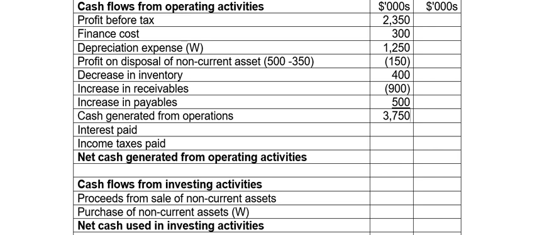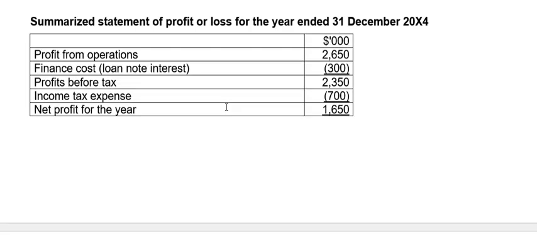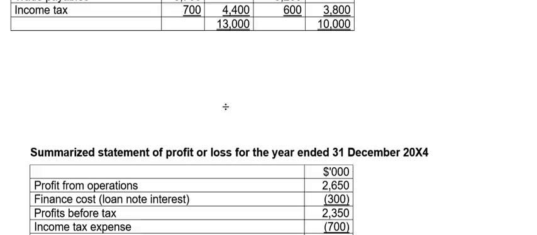We can start with the interest paid. There is a note about the interest payment. The additional loan notes were issued on 1st January 2004. Interest was paid on 30th June 2004 and then 31st December 2004.